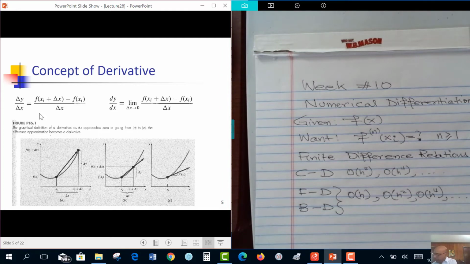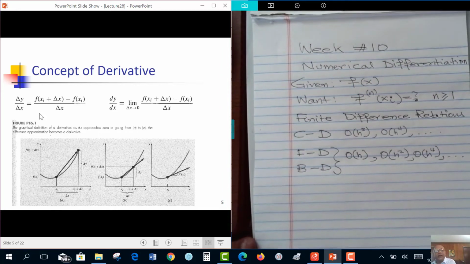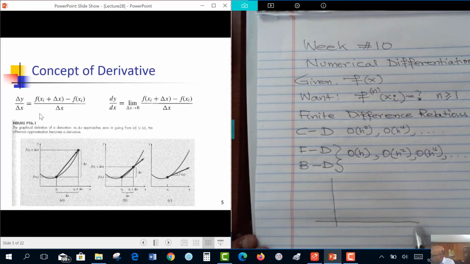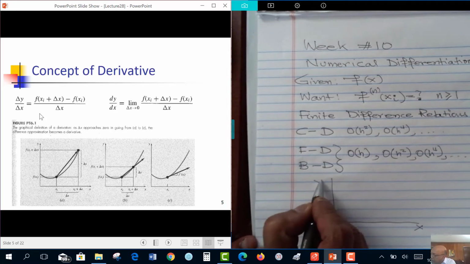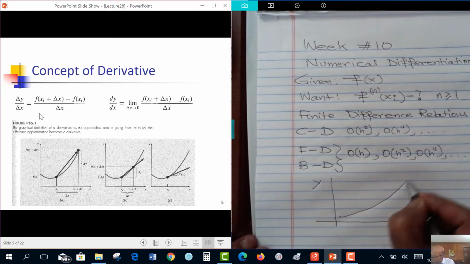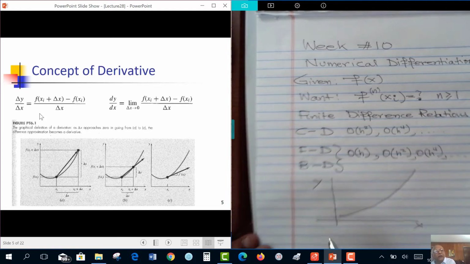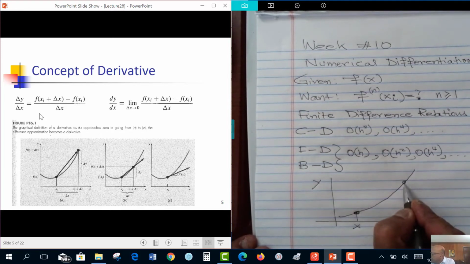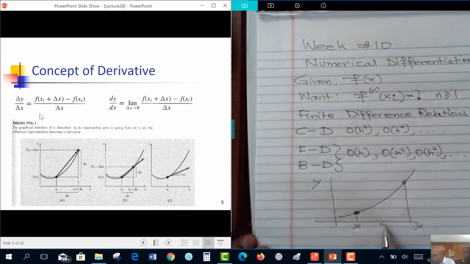So let's see what we mean by a derivative from your calculus perspective. So we draw, and let's say this is our function, and we want to evaluate the derivative here. So this is our x. So we go to some distance delta x away.